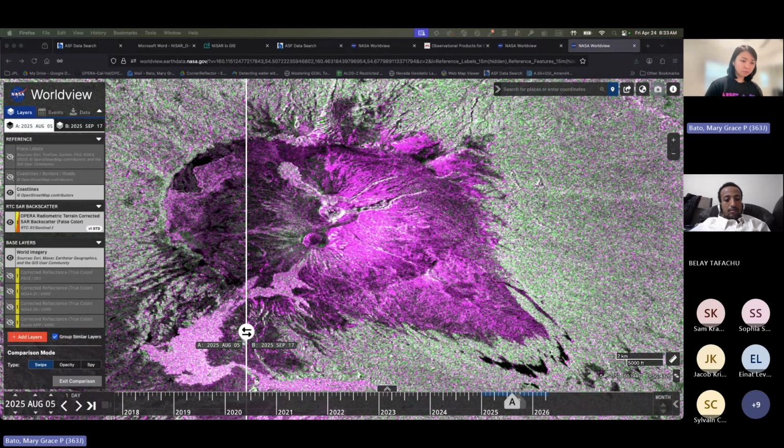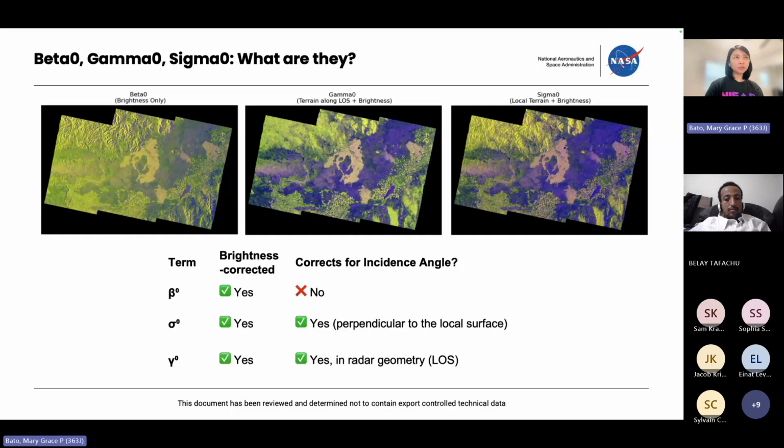If I go to my slide again here, so once you load an RTC data, a backscatter data, for Opera you will have the gamma naught in basic terms, or I mean the default product that is provided. It's brightness corrected. It looks like this.